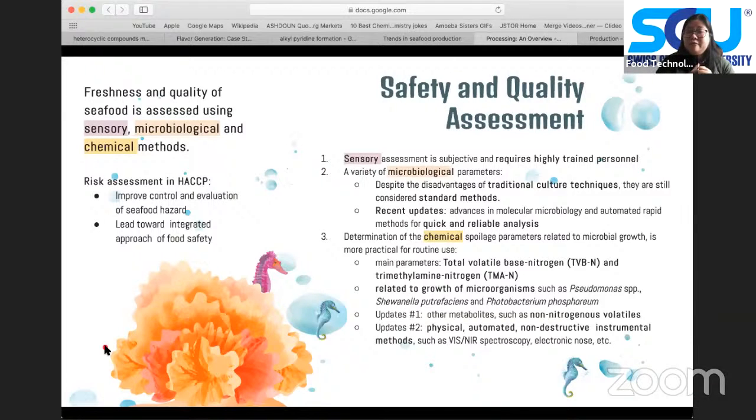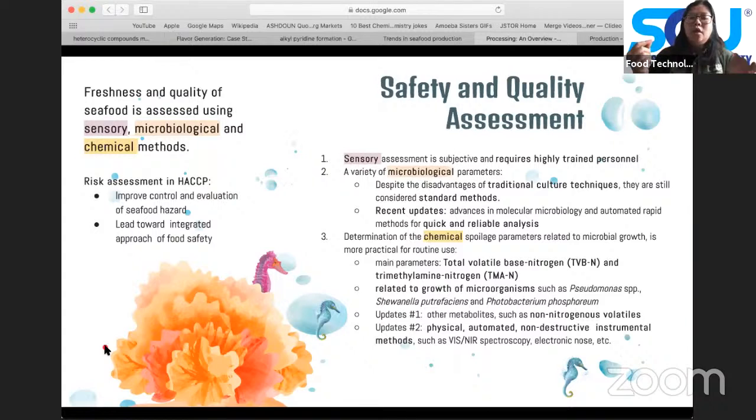Because TVBN and TMAN are parameters of microbial growth. So when microbes grow in our seafood, they will be producing this TVBN and TMAN. So it is faster to check this product that results from microbial growth.